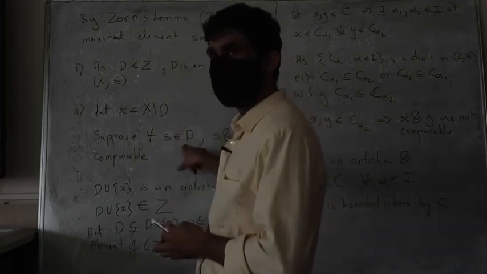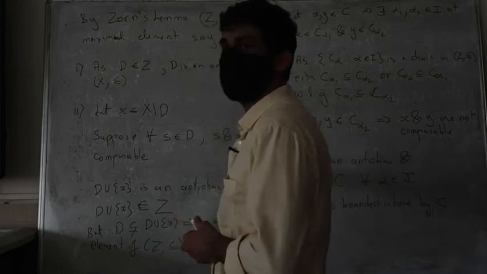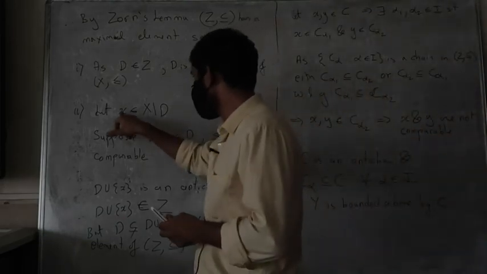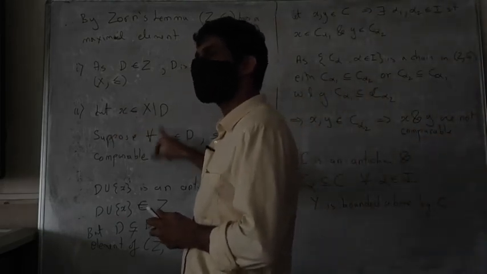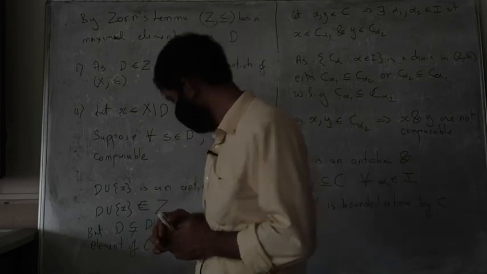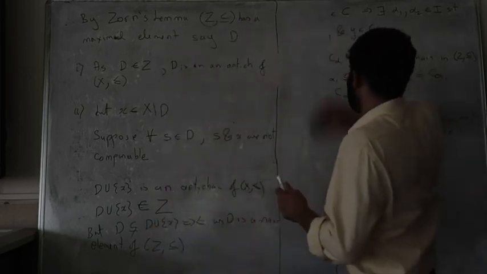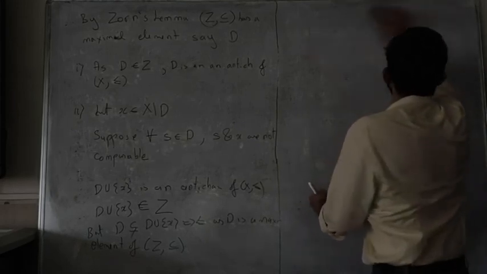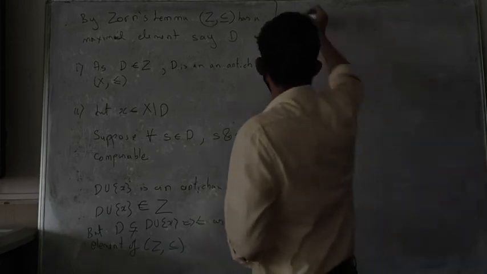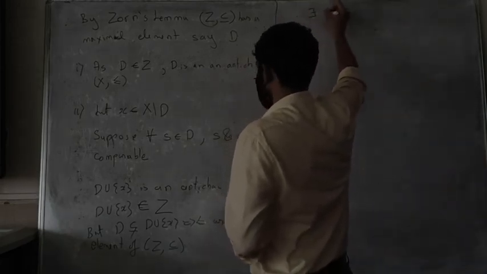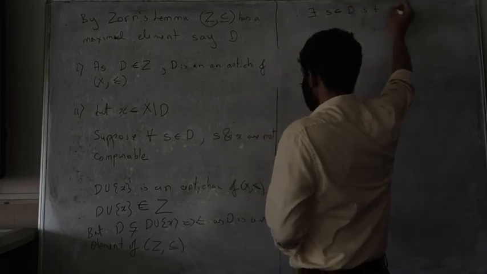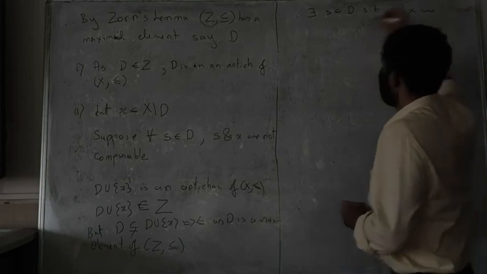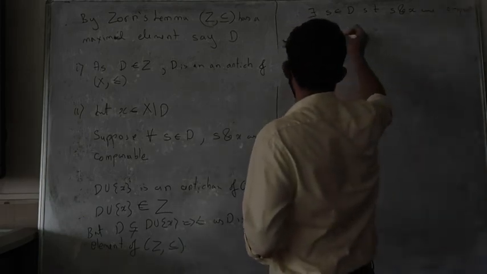There is some element of D which is comparable with X. So given any X, there is some element in D which is comparable with X. Therefore, there exists some S in D such that S and X are comparable, and therefore D is a maximal anti-chain.